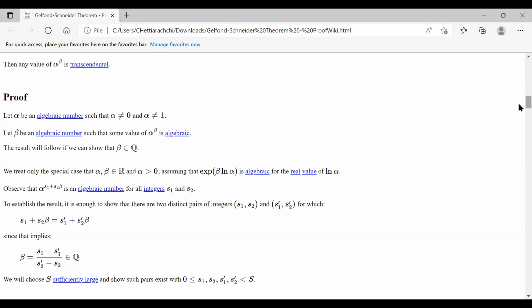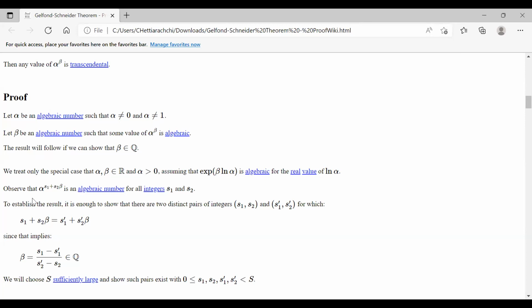So we only treat a special case: alpha and beta are real numbers and alpha is positive. And of course, we suppose that exponential of beta times ln alpha is algebraic for real value of ln alpha.